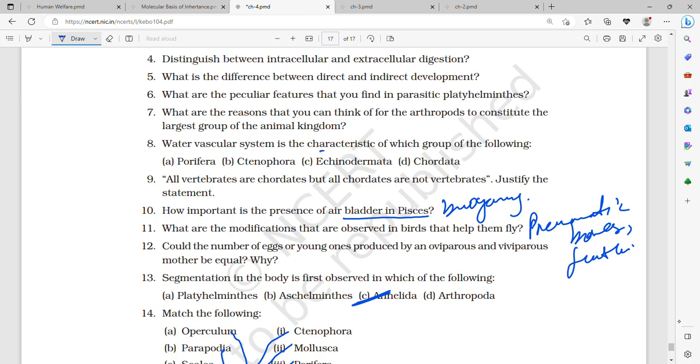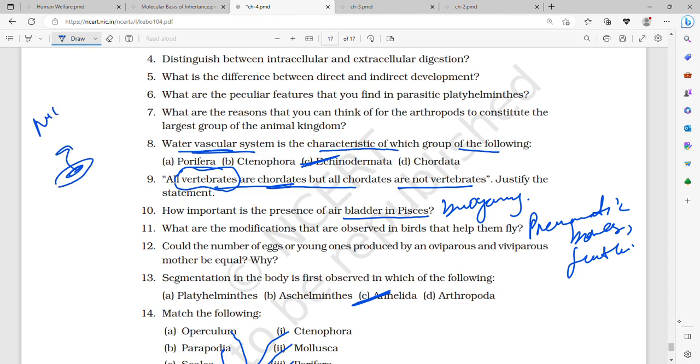Water vascular system is a characteristic of which group of the following? Water vascular system, not canal system, is of Echinodermata. All vertebrates are chordates, but all chordates are not vertebrates. This is because all vertebrates have a notochord in their embryonic stage, and in their adult stage they have a vertebral column, and the notochord is present only in remnants, such as the nucleus pulposus in the middle of the vertebral column in humans.